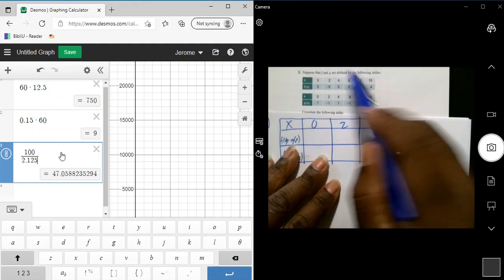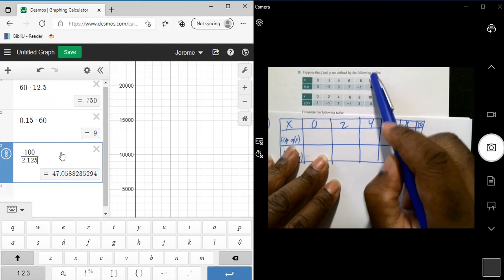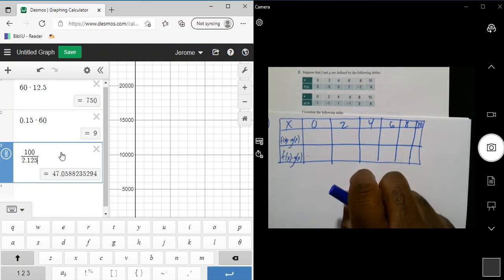We have 0, 3, 2, negative 5, 4, 0, 6, 7, 8, negative 1, and 10, 4. All right, now, if you notice here, it says, suppose that F and G are defined by the following table. Now, if we look here, we can see if we see some type of pattern, which it really doesn't look like we have.